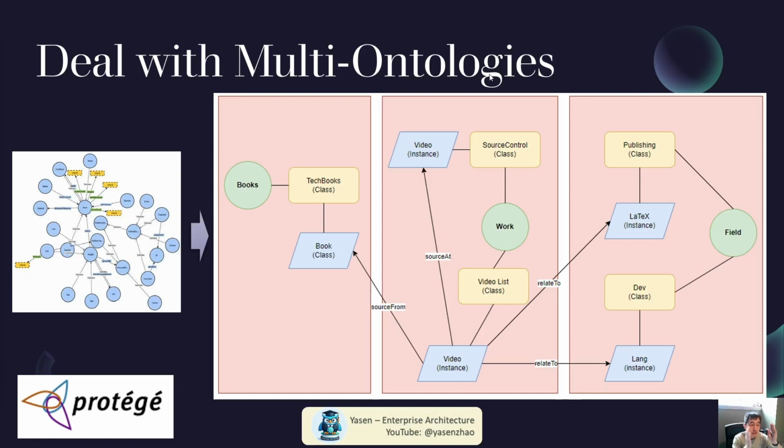If I keep using one single ontology, that's still workable, because my video may link to certain source books. I can create a book class and make a relationship as an object property to the book.